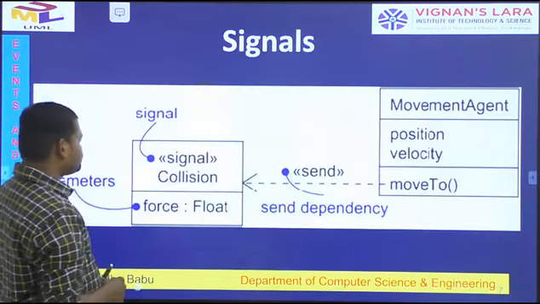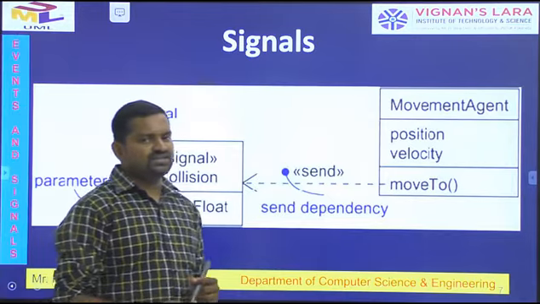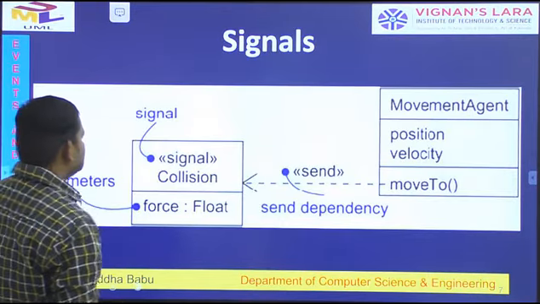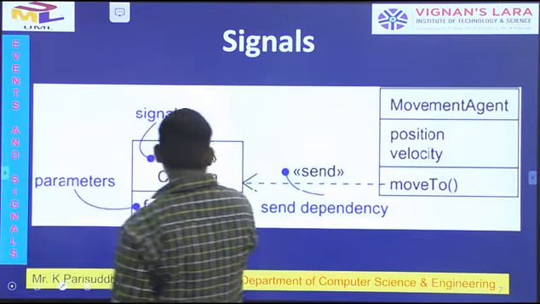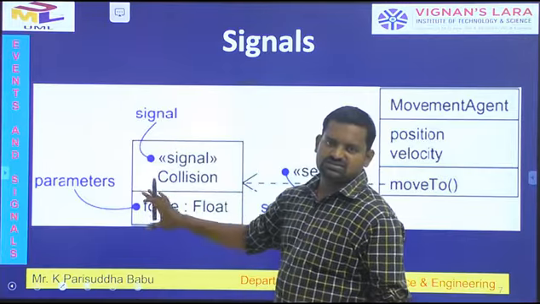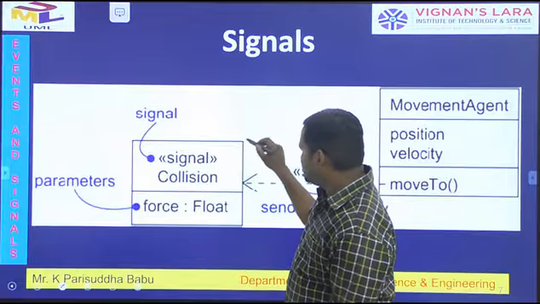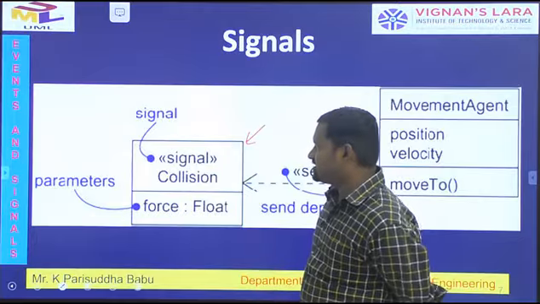Next, the example of a signal is this. A signal may have a class, an object, or an active class. That thick line is an active class.